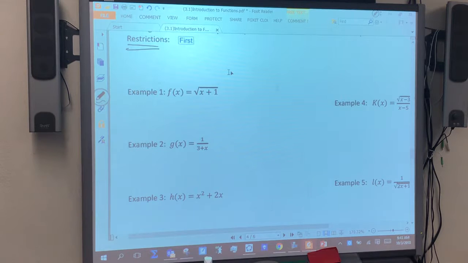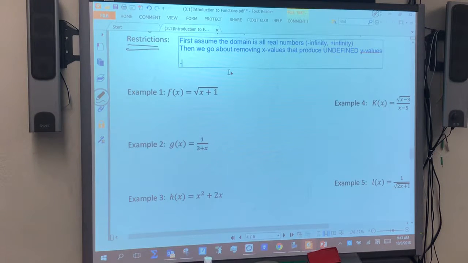You first assume the domain is all real numbers, negative infinity to positive infinity, right? Then we go about removing x values that produce undefined y values.